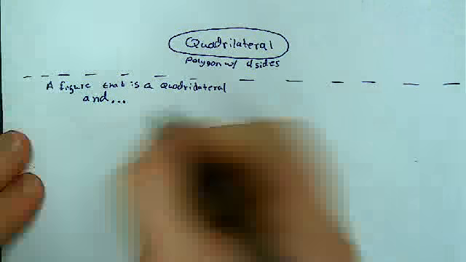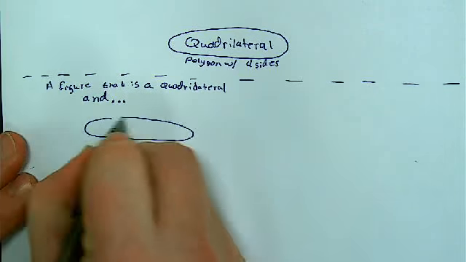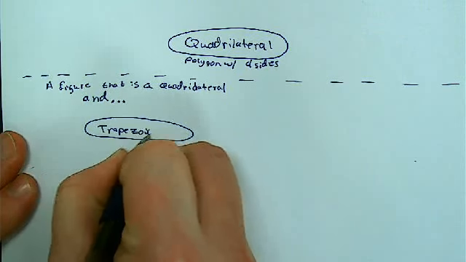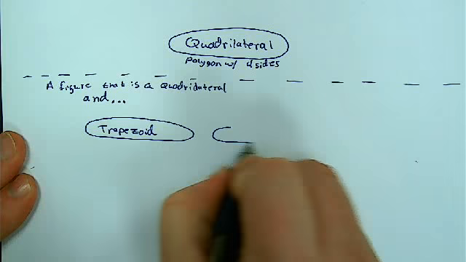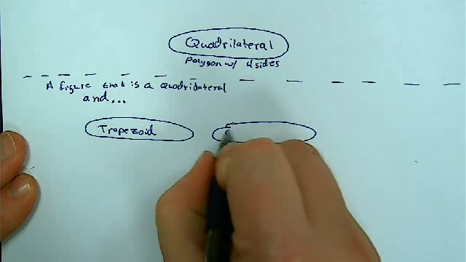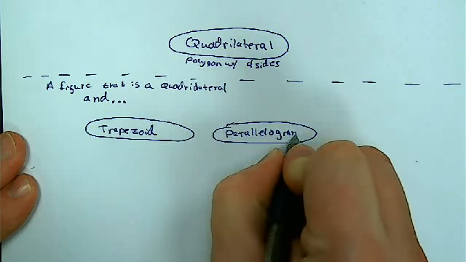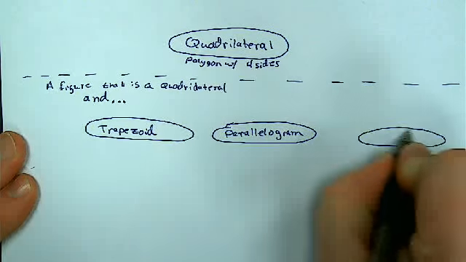And there are 3 things at this level. There's the trapezoid, parallelogram, and kite.